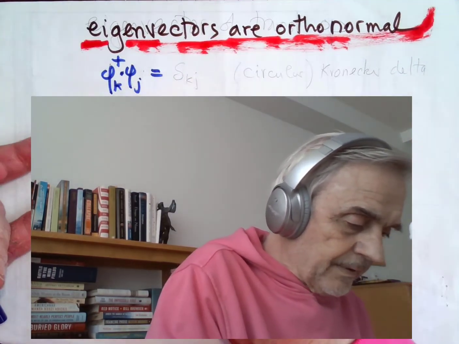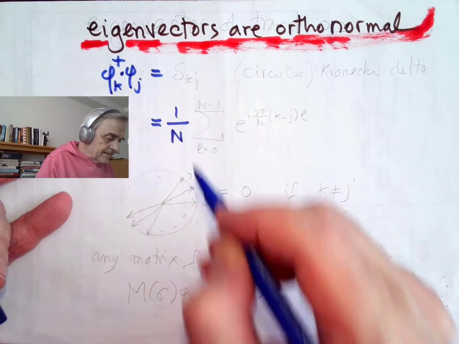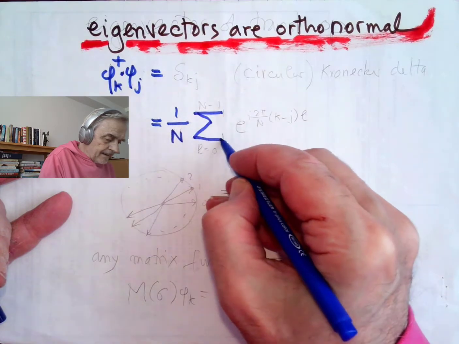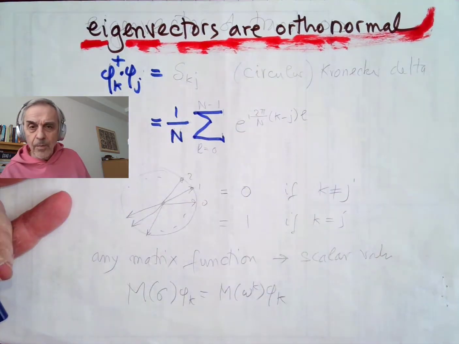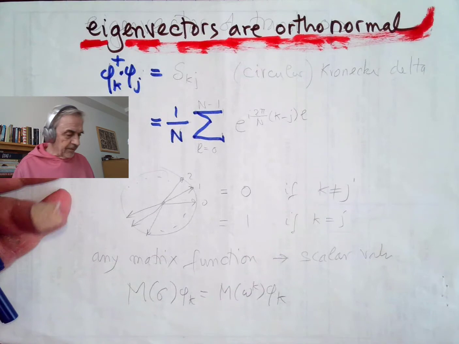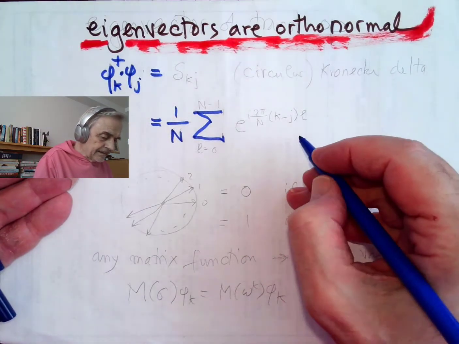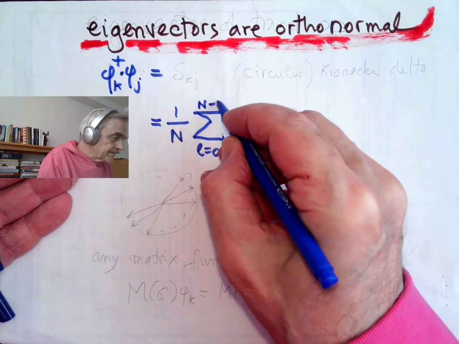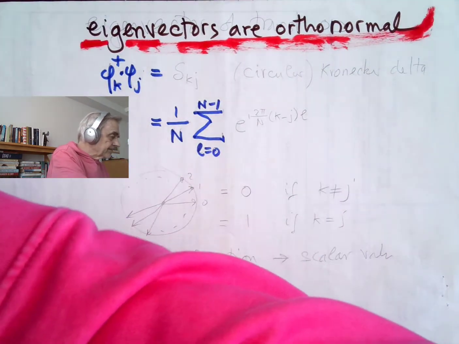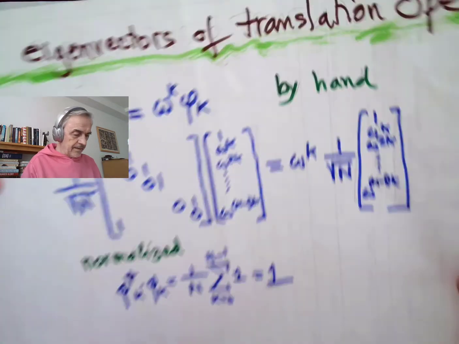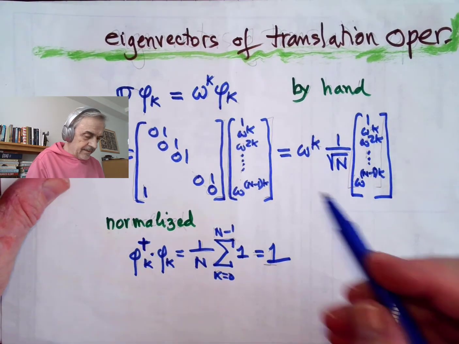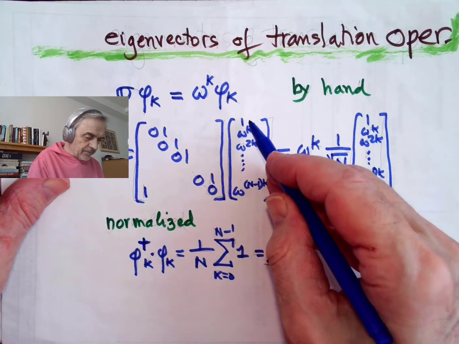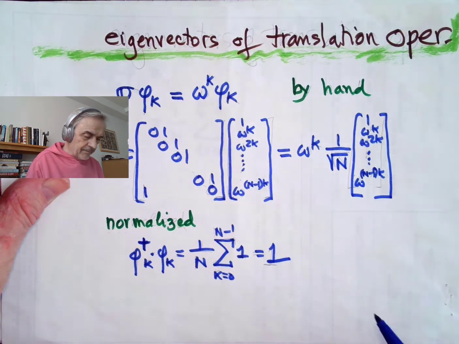Now, when I look at this product, I get just two complex phases multiplying entry by entry. And remember what these look like: omega to the k raised to integer powers 0, 1, 2, up to n minus 1.